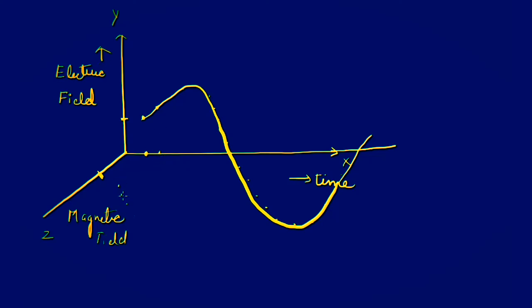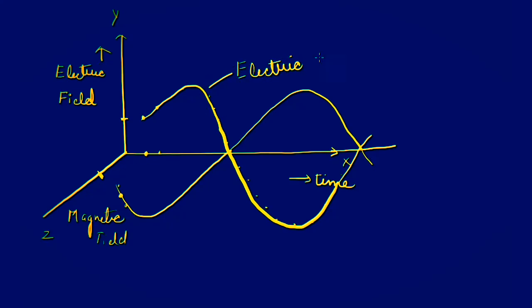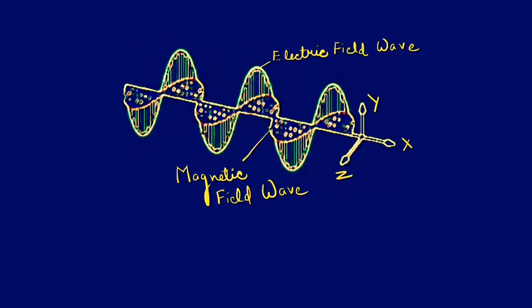So it will first increase, reach a maximum value, and then will decrease. So if we join these points, we'll see something like this. So you can see where the electric field was 0, the magnetic field is also 0. So we have two graphs here. This one is called the electric field wave and this is the magnetic field wave. And both can be shown like this.